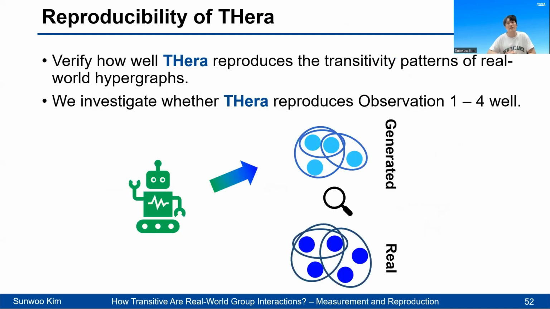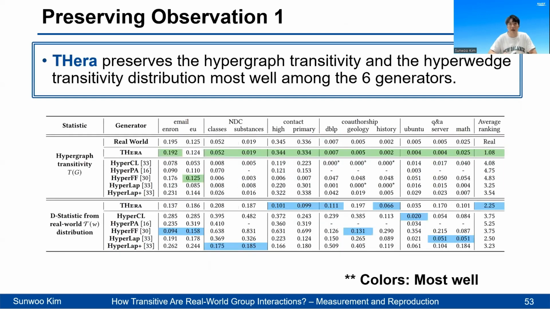We have covered how Thera works. Now, we verify how well Thera reproduces the transitivity patterns of real-world hypergraphs. Specifically, we investigate whether Thera reproduces observation 1 to observation 4 well. First, as shown in the table, Thera preserved the hypergraph transitivity and the hyperwedge transitivity distribution most well among the 6 generators.